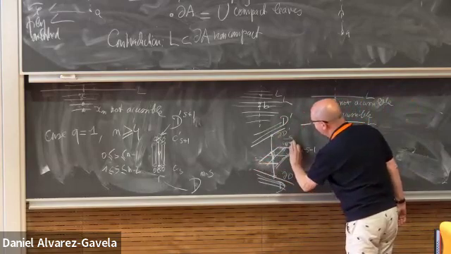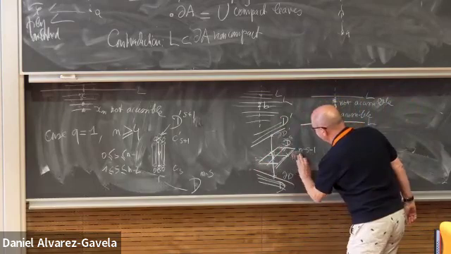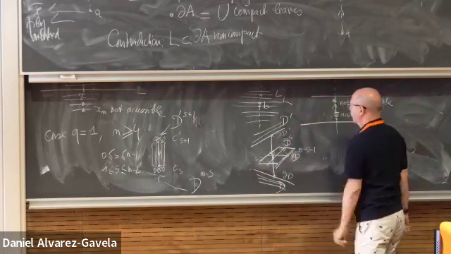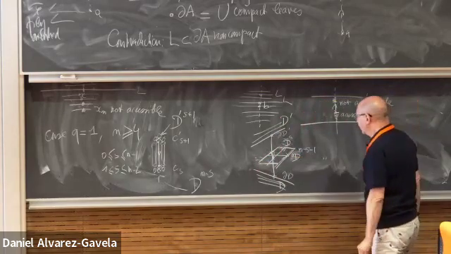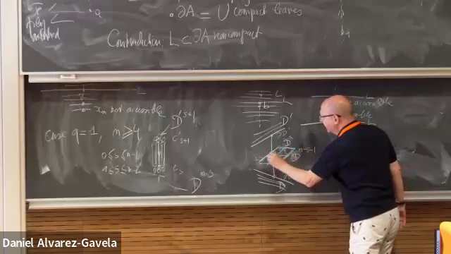This is a disk of dimension S. That is a disk of dimension n minus 1. That is the product of the two disks.